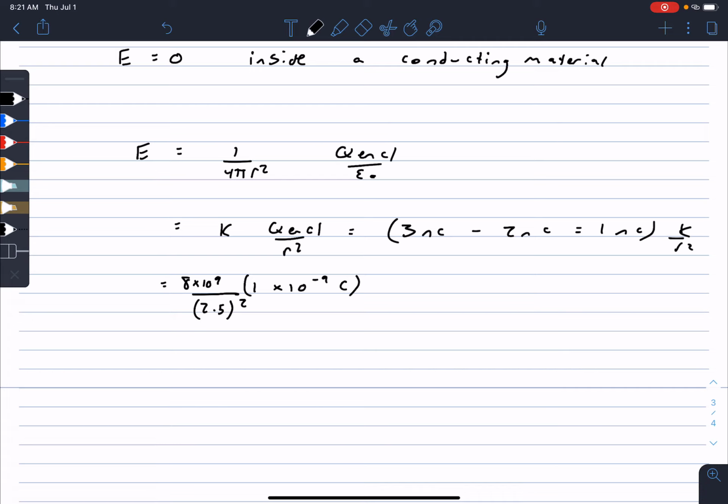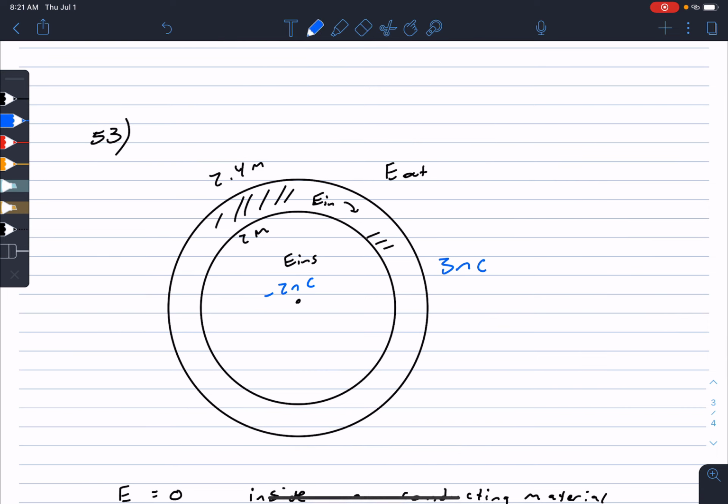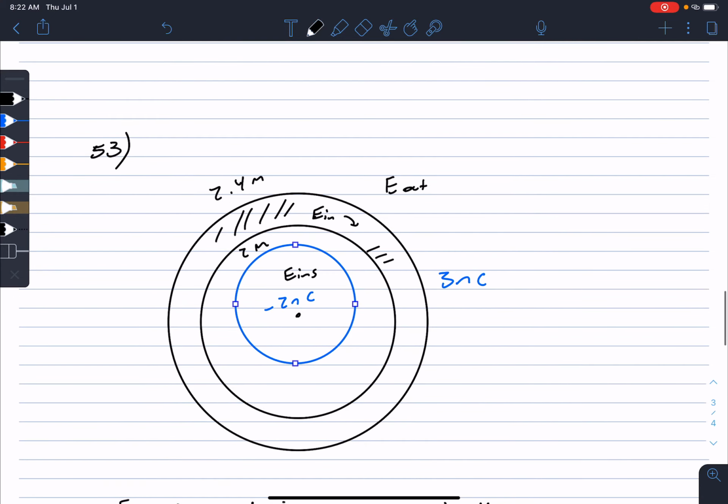Okay, so now we want to do the E field inside. Yep, negative 2 nanocoulombs. Okay, good.